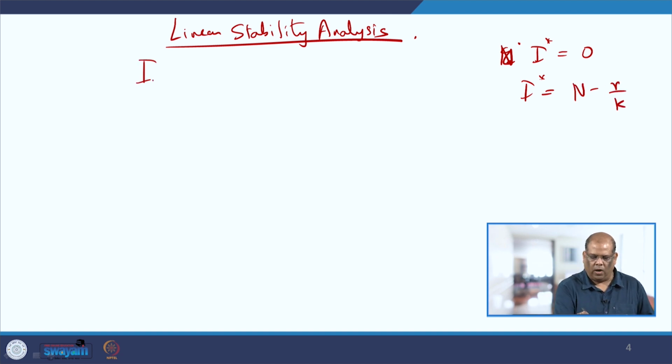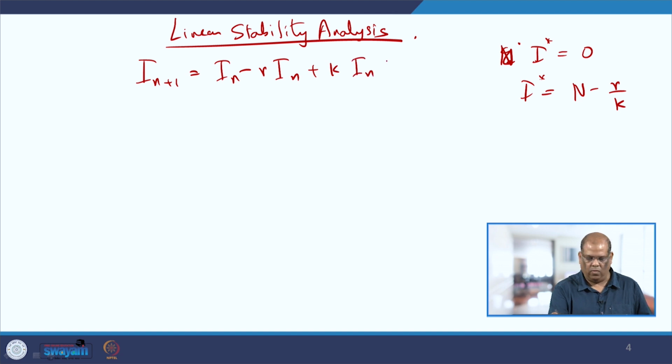So, we have the model I_{n+1} equal to I_n minus R times I_n plus k times I_n into N minus I_n.